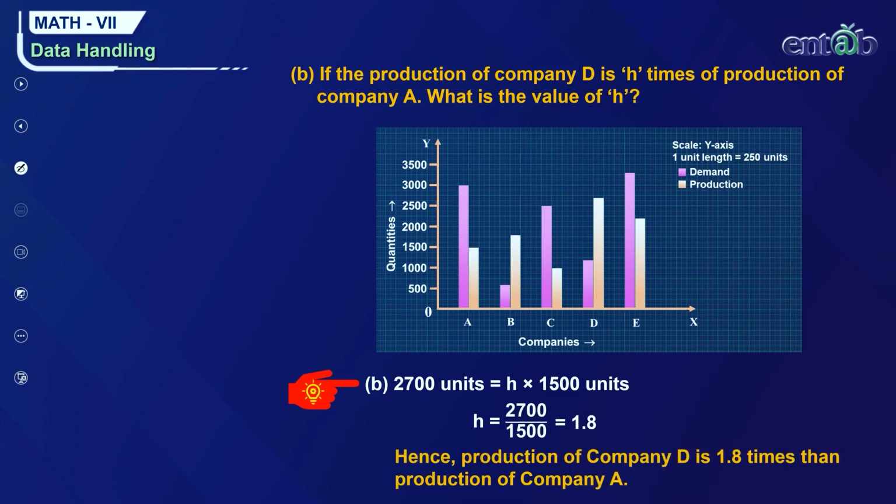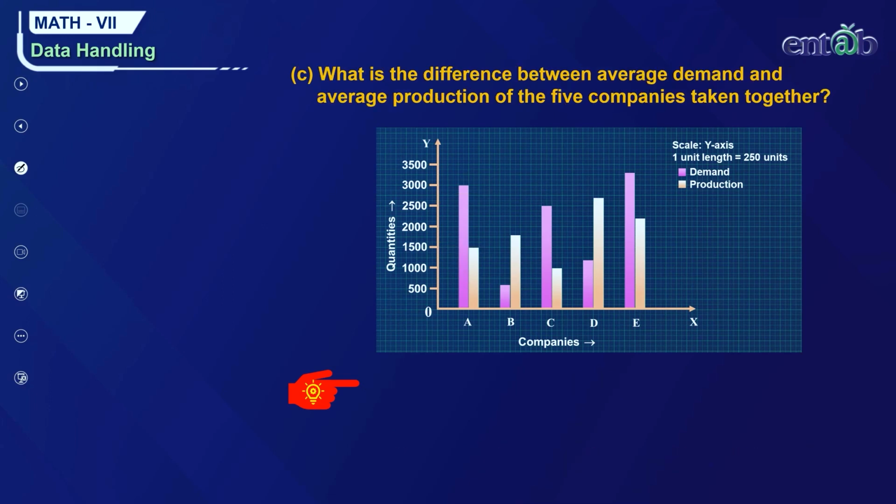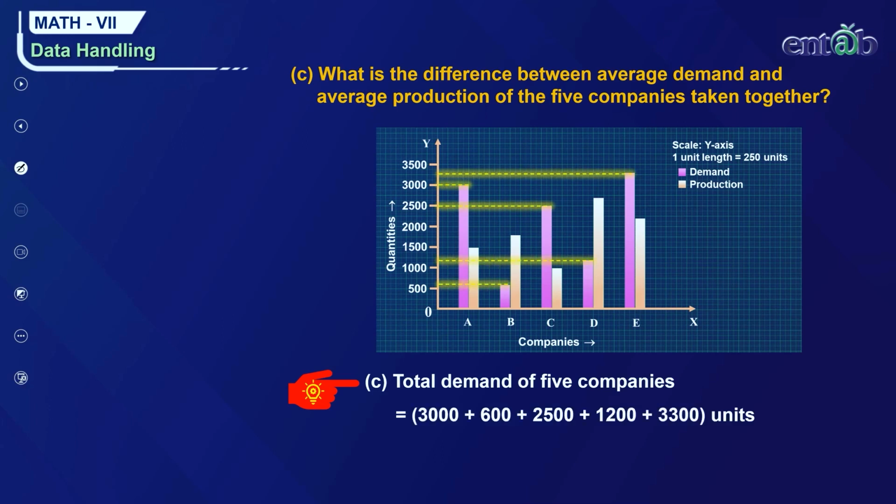Now, let's look at the next question: what is the difference between average demand and average production of the 5 companies taken together? For this question, we have to take into account the total demand of 5 companies. We can see for company A, the demand is 3000, for company B, 600, for company C, 2500, for company D, it is 1200, and for company E, it is 3300, right?